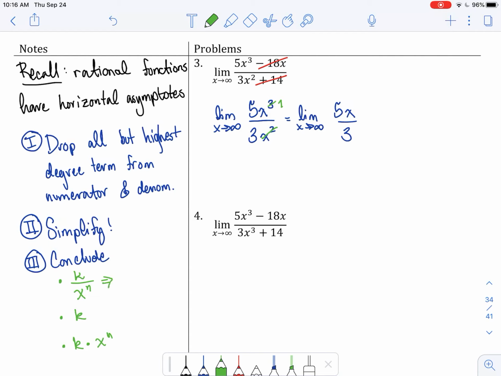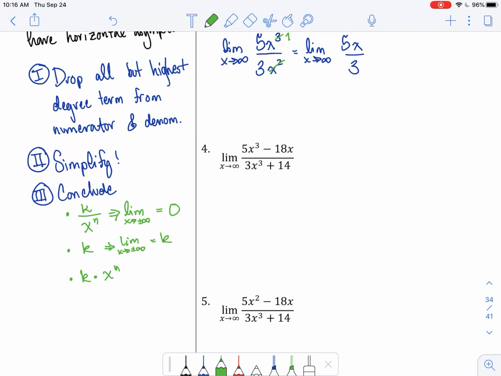If x is in the denominator, that means the limit as x approaches positive or negative infinity is going to equal 0. If it's just left as a number, the limit as it approaches positive or negative infinity is that number. And finally, if it's a multiple of x, that means that the limit as x approaches positive and negative infinity is infinity. And hopefully this should make sense here.